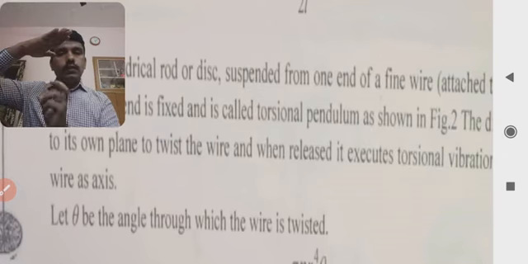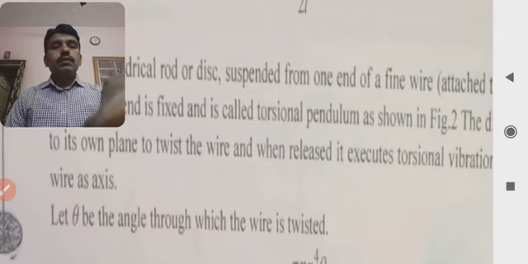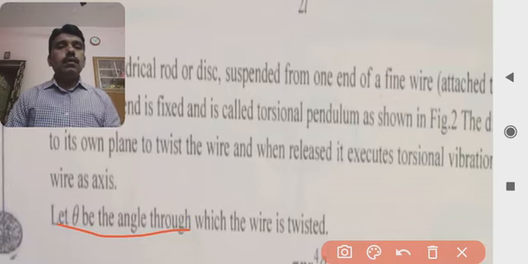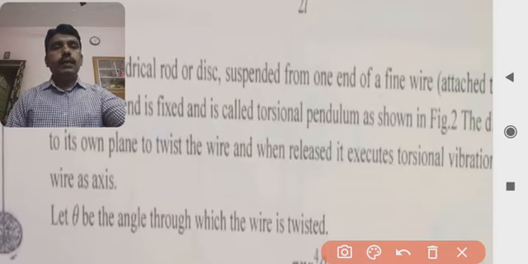If I twist it for a larger angle, it will take the same reverse reorientation in the same fashion, and that is where theta plays a very important role. Theta is nothing but the angle through which the wire is twisted, and the oscillations depend on that angle.